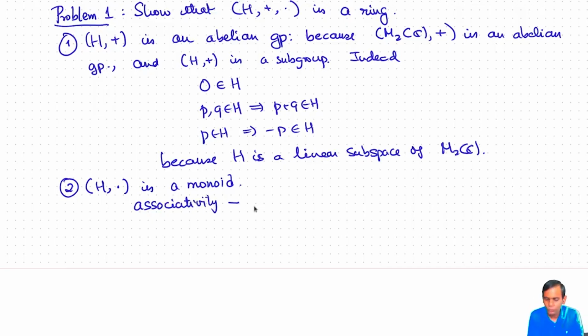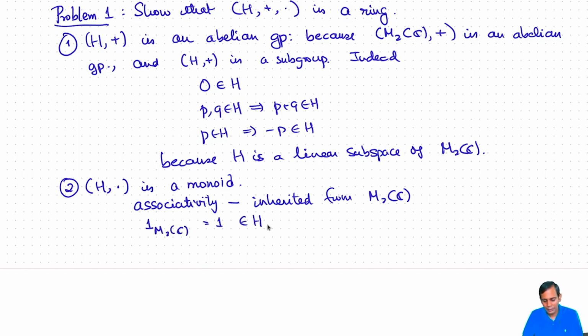That means we know that matrix multiplication is associative, so when we restrict it to H, it will also be associative. The only thing we need to check is that, well, firstly the identity, the unit of M2C, is the identity matrix which belongs to H. So the unit is there, and then the only thing we need to check is that H is closed under multiplication.